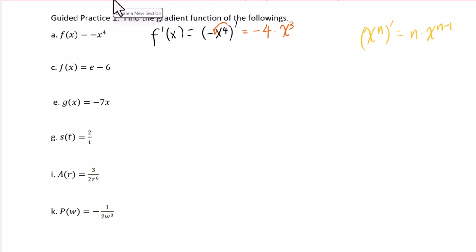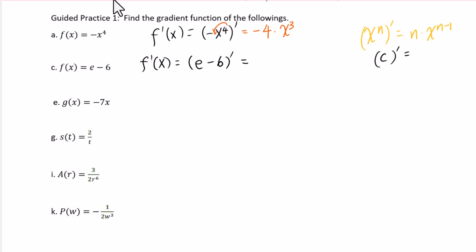Let's go to C. F prime of x equals e minus 6 prime. E and 6 both are constant numbers, so e minus 6 is a constant number.